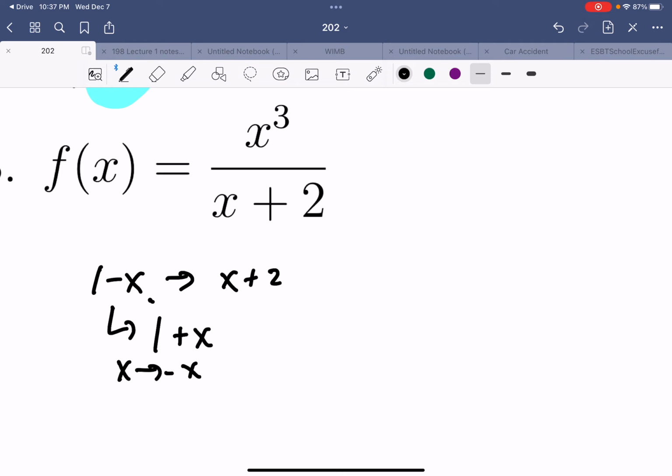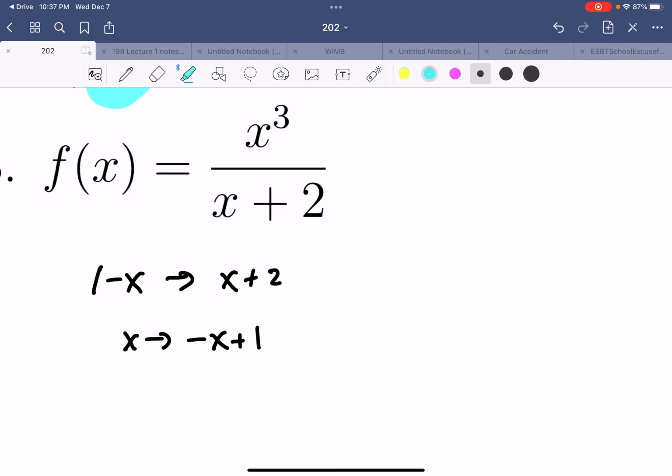So let's see what happens if we were to make your x become negative x plus 1. Does that work? So if I plug that in to here, I might want minus 1. Let's see.